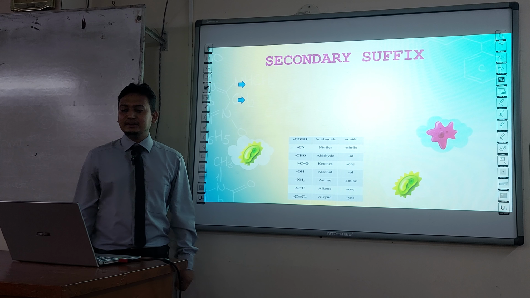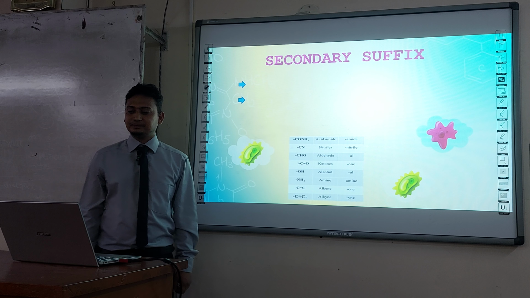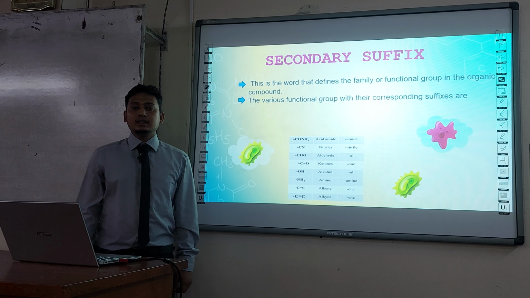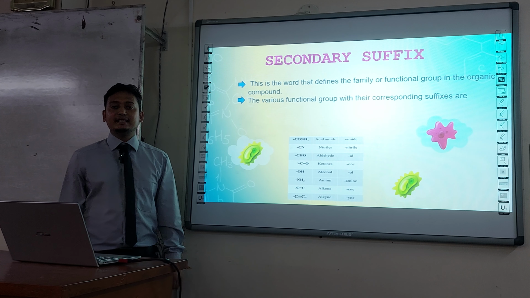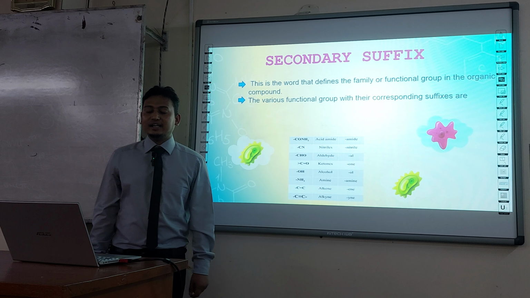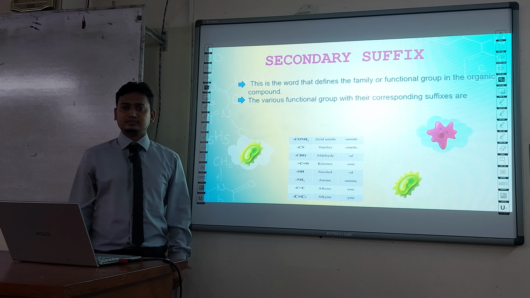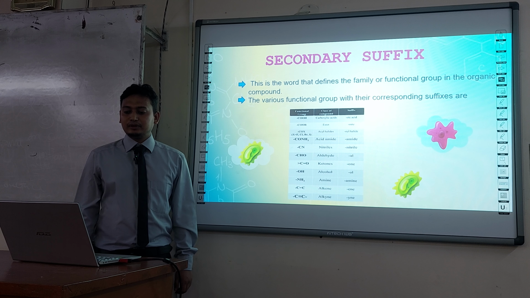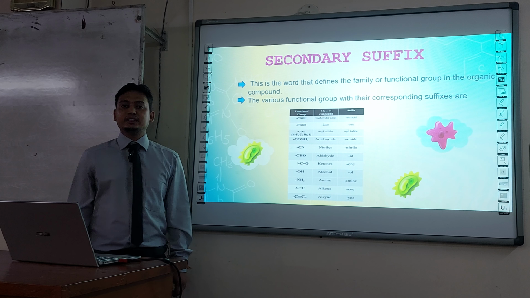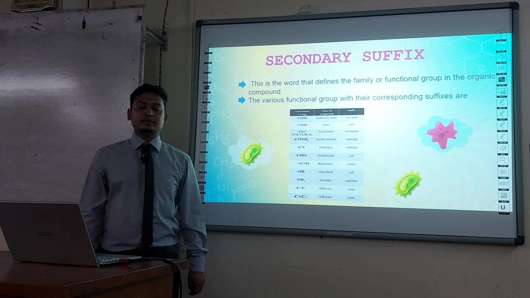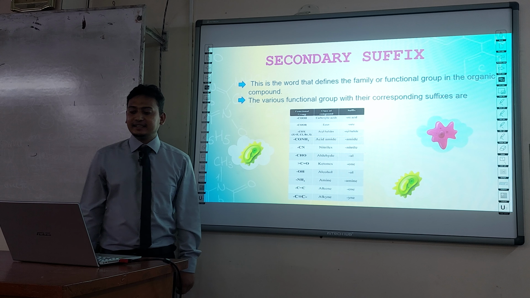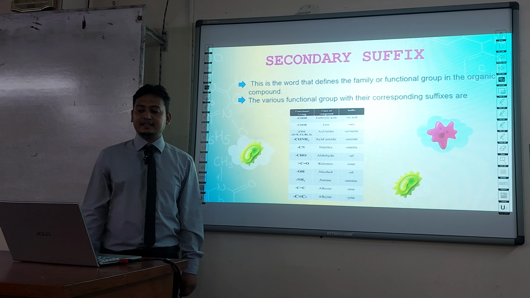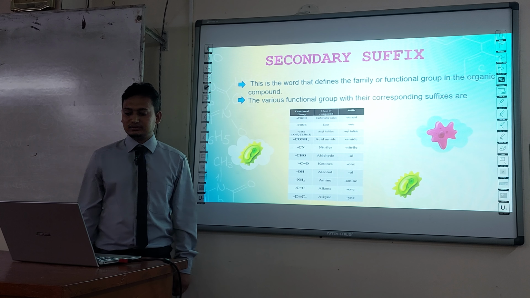Now we can learn about secondary suffix. This is the word that defines the functional group or family of an organic compound. For example, carboxylic acid, COOH, has the secondary suffix oic, and alcohol, OH, has the secondary suffix ol.